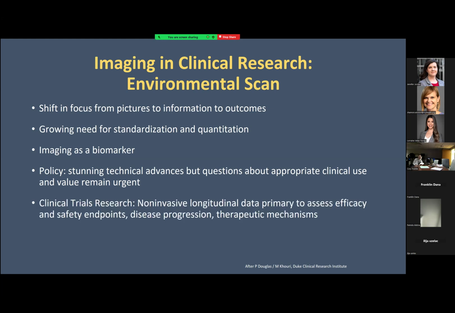And in clinical trials research, CMR plays a key role because it allows us to do this non-invasive data collection, and that allows us to assess the efficacy and safety endpoints, as well as things like disease progression and therapeutic mechanisms.